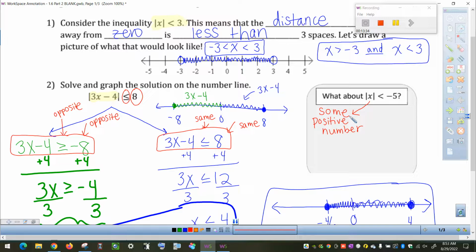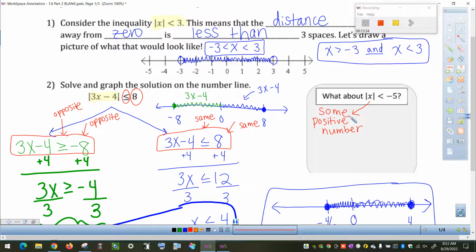Well, could a positive number ever be less than a negative number? No, it would never be. If you think about the number line, all the positive numbers over here, they're all to the right of all the negative numbers. And on the number line, if the number's on the right, it's bigger than the other one.